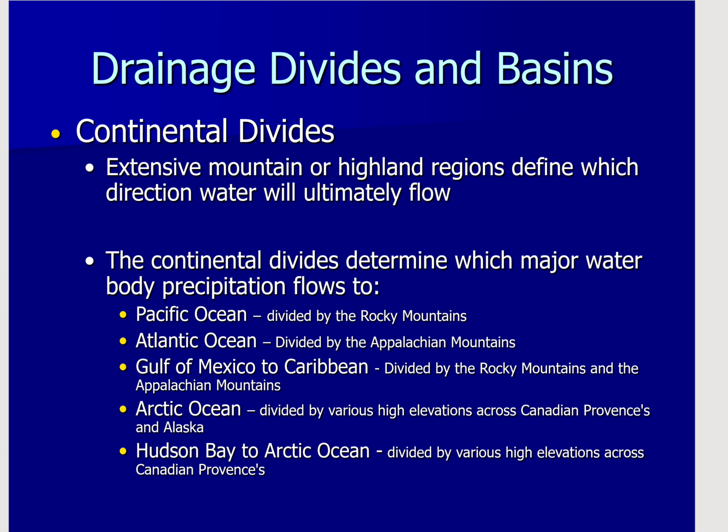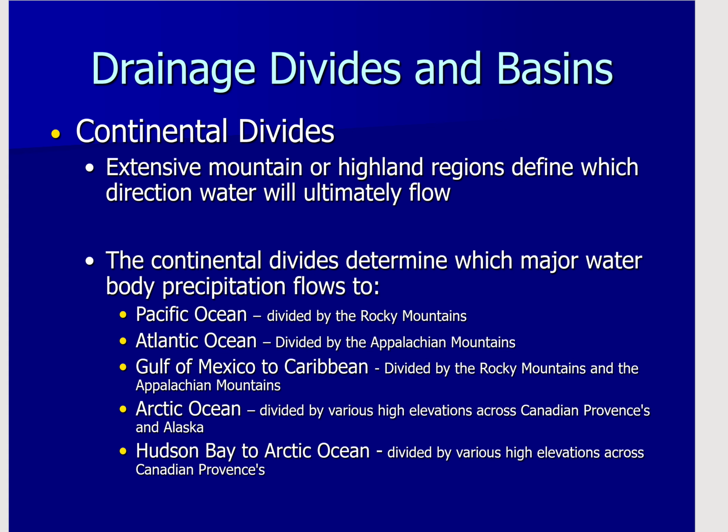All right. Our big continental divides for the United States and North America are as follows. For the Pacific Ocean, all of those rivers are divided by the Rocky Mountains. That is the highest elevation that determines, does the water flow to the east and south and north, or does it flow directly west into the Pacific Ocean?